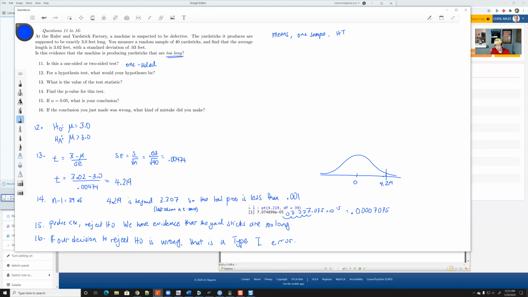What we want to know is this, this is going to be our tail area. But R always gives the area to the left.